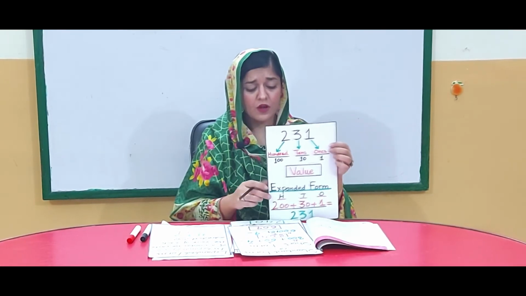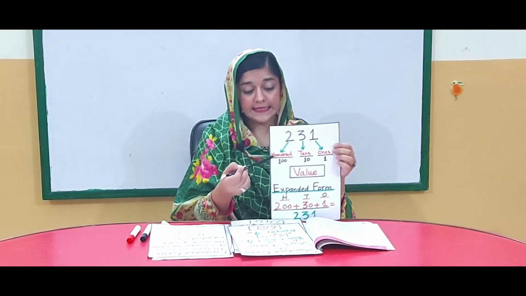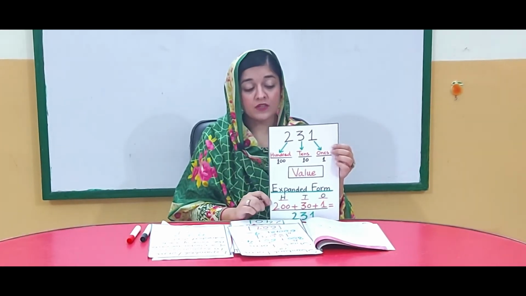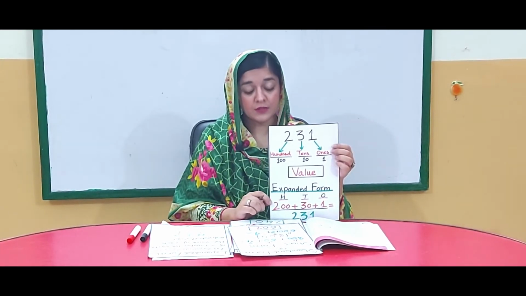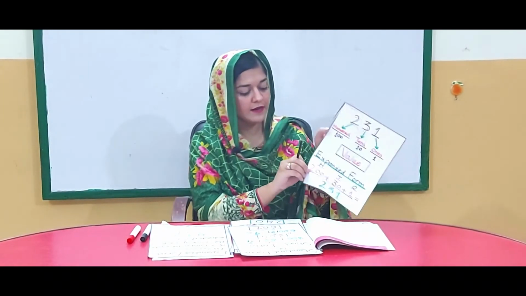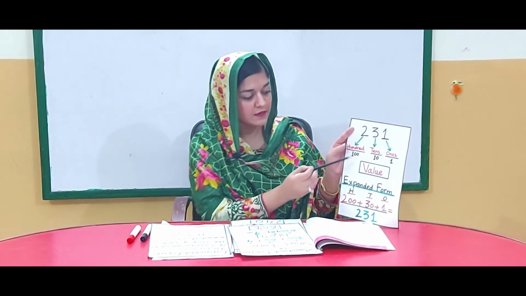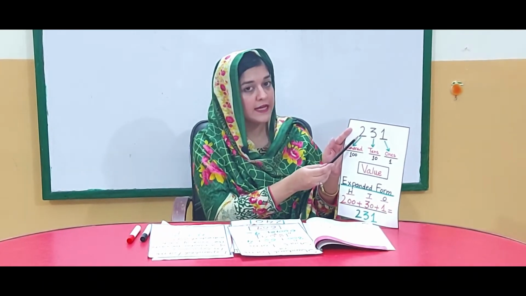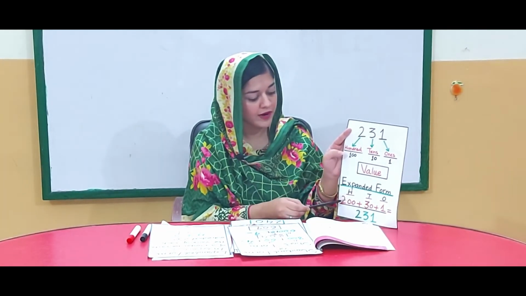Now how will we write this number, 231, in expanded form? We will know the value of 2. It is 200. How many zeros come in 100? Two. So we will write 200.